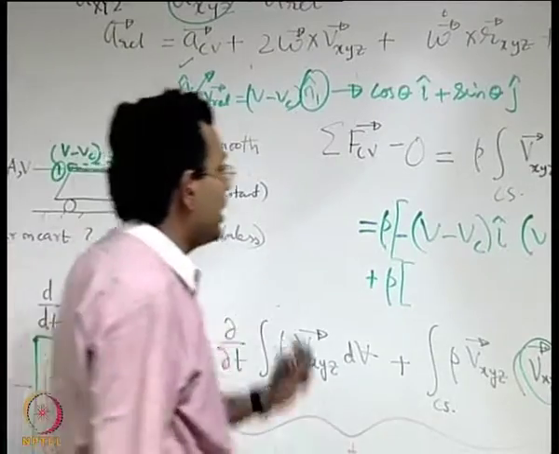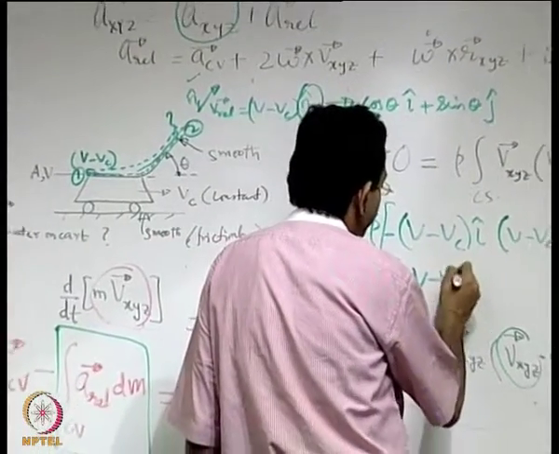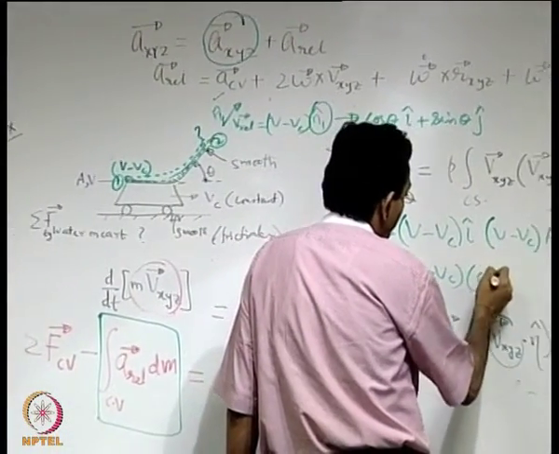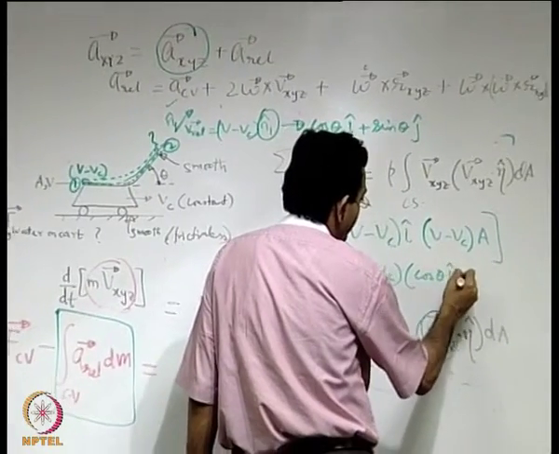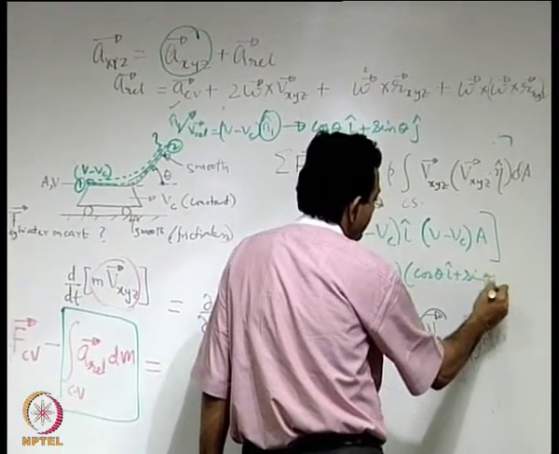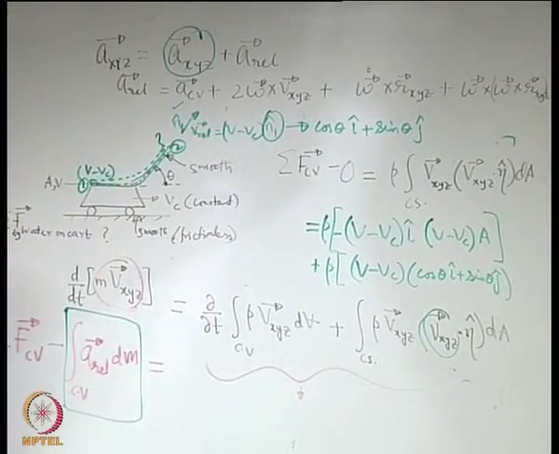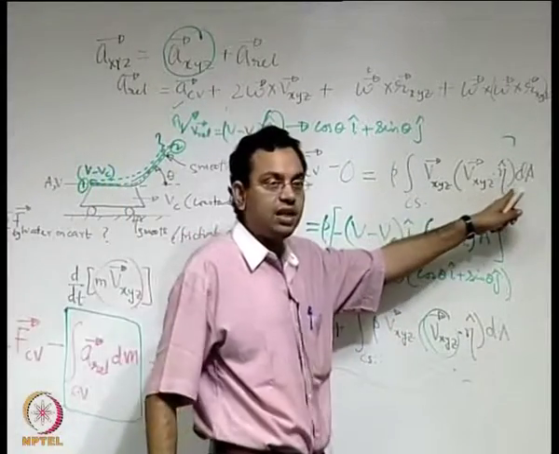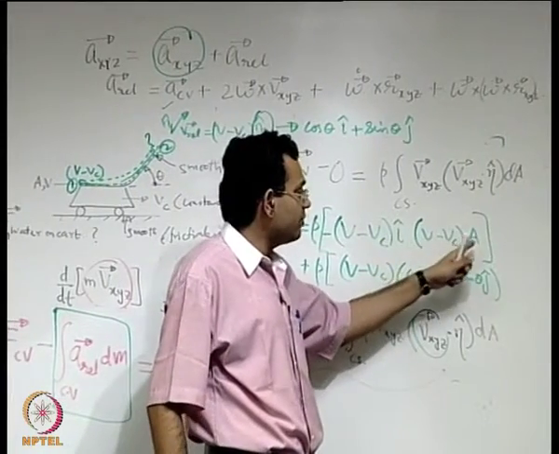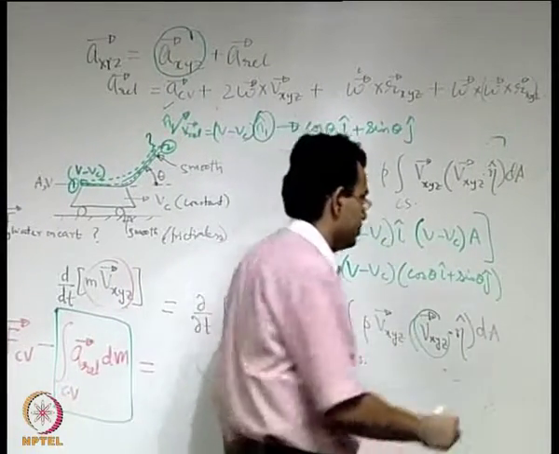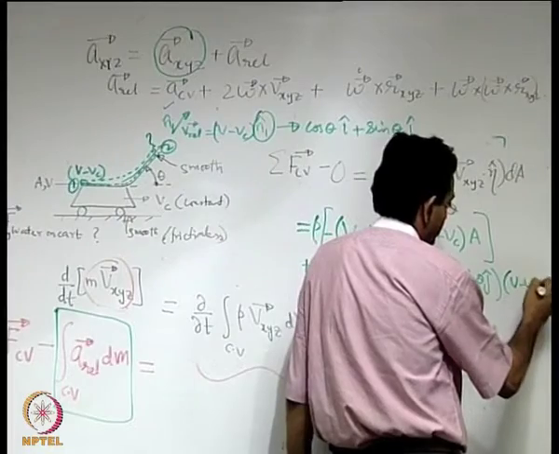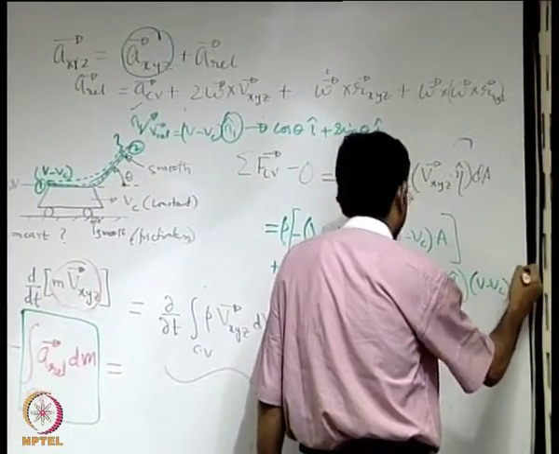So, keeping that in mind, it will become V minus Vc cos theta i plus sin theta j, and what about the V relative into A, that term? Positive A into V minus Vc. Okay.